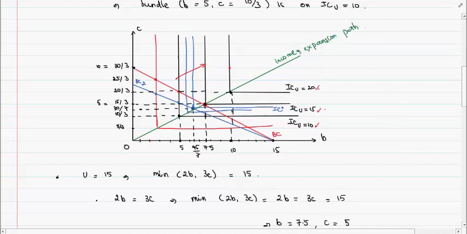Okay, so this includes all the optimal bundles, and depending on the level of income, we are going to have different bundles. As you can see, now we are moving from the red point to the blue point.